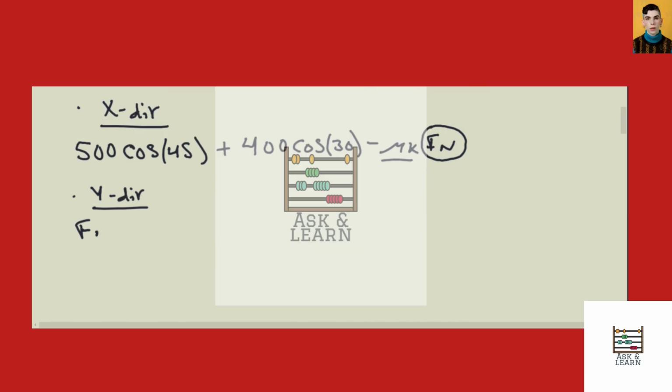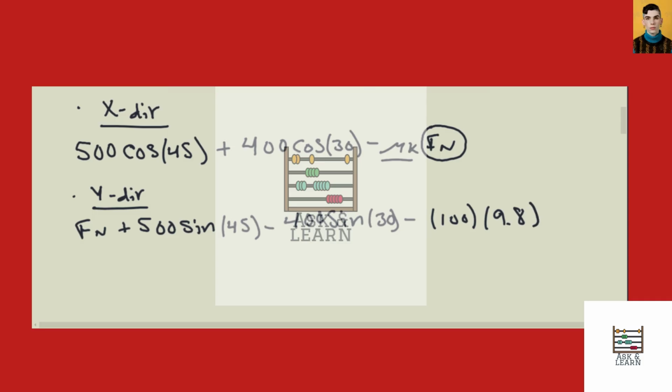So we say, okay, f of n is positive plus the force on the left side, which is 500 sine 45, and that's positive because it's pointing up, minus the force on the right side, and that's pointing down, so it's a negative 400 sine 30, and then the weight is pointing down as well, so that's a negative, and the weight is just mg, so we can plug in those numbers. So m is 100 times gravity, 9.8, and all these forces balance each other out, so that's equal to 0.